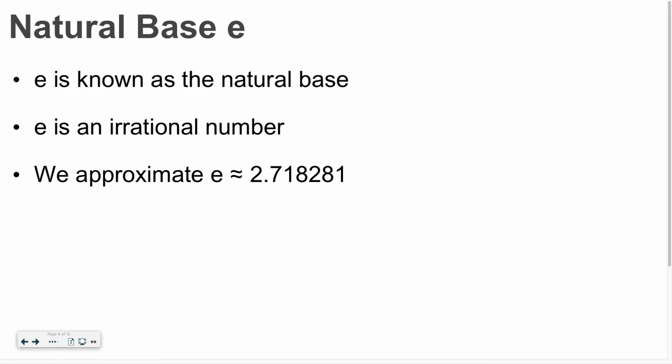If you press second and then that button, you should get an e to a power. Is anybody having trouble finding it? Did e to the 1 come up with 2.718? Okay? Try e to the 5. Big number?